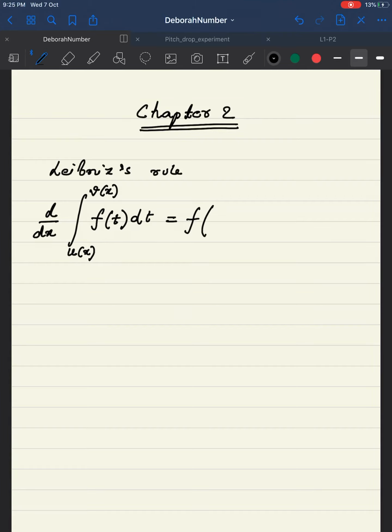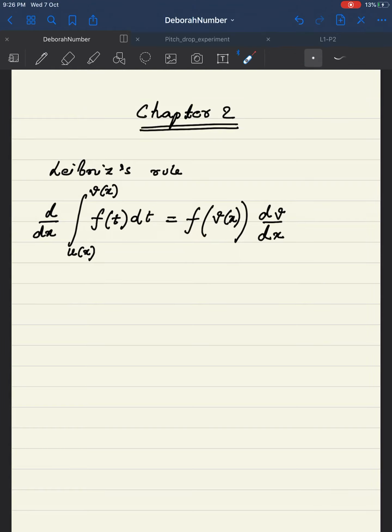the function evaluated at v of x, multiplied by the derivative dv/dx. So v of x is the upper limit.